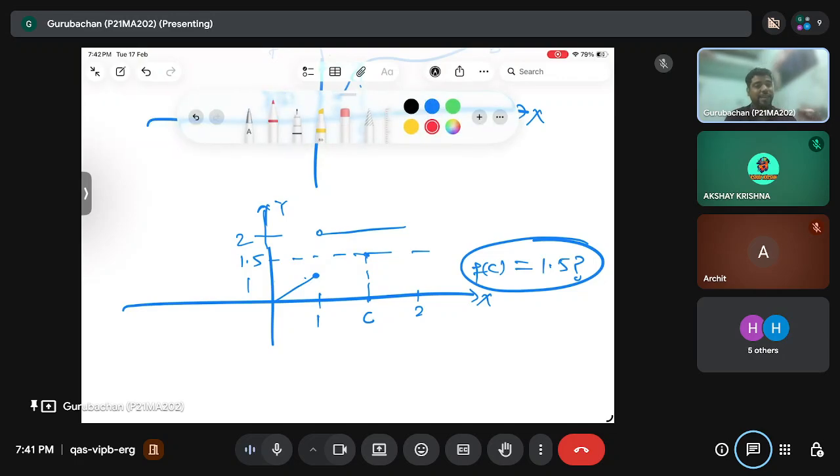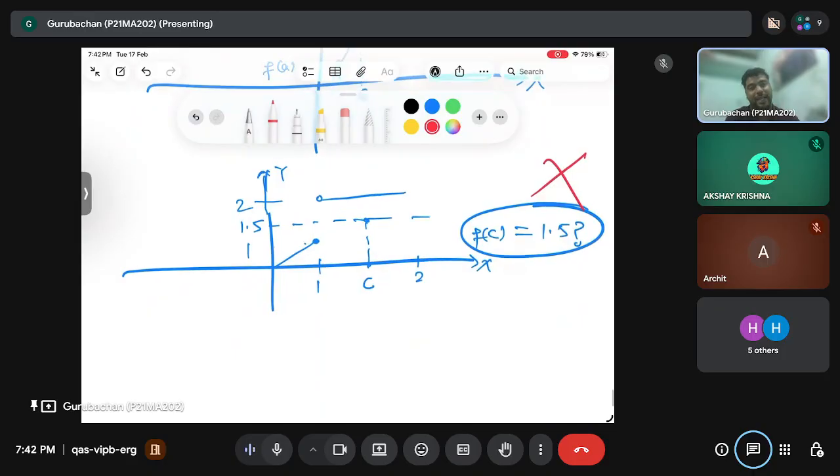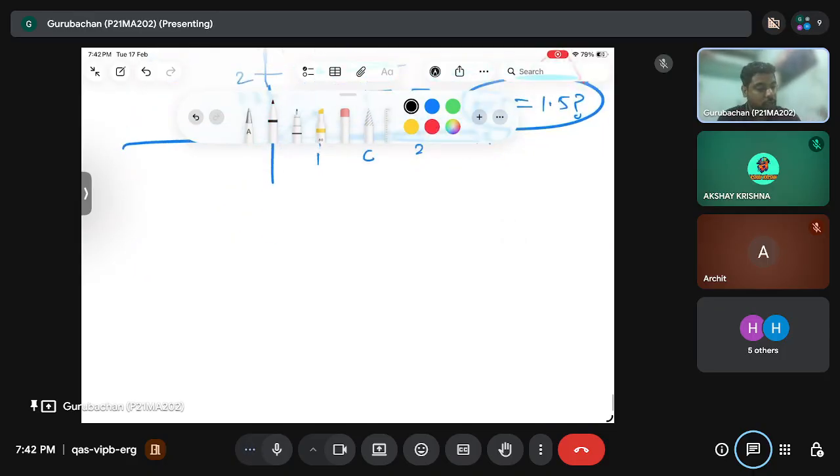Can you see any point for which the function will give you the 1.5 value? No, sir. So that means continuity is necessary there. In case of continuity, you can say that because there is no break in the function. You can guarantee.